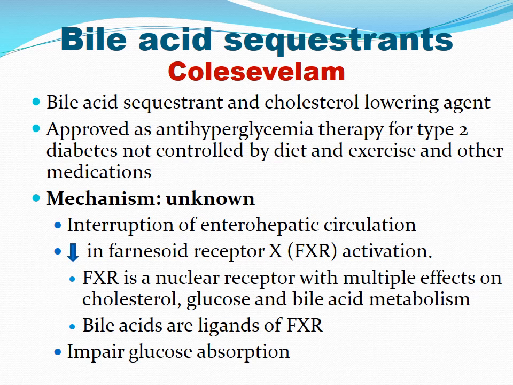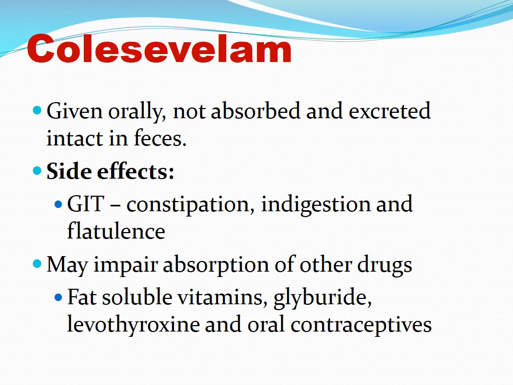And binding of these bile acids will decrease the activation of this receptor. They also may impair glucose absorption from the gastrointestinal tract. The drug is given orally, not absorbed, and excreted intact in feces.